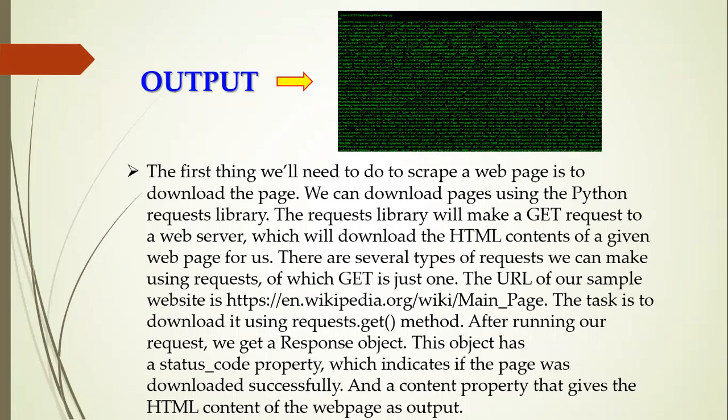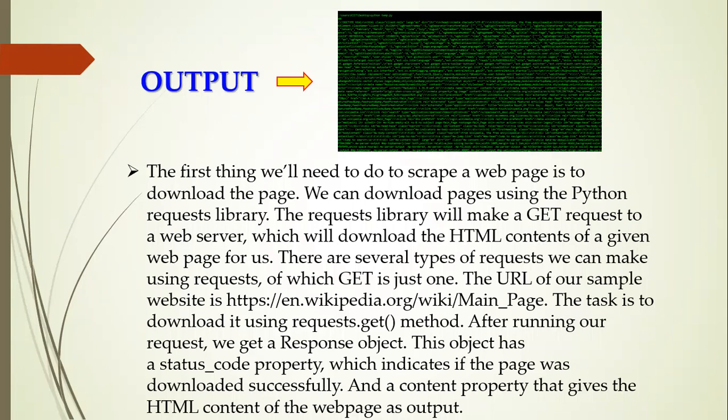There are several types of requests we can make using requests, of which GET is just one. The URL of our sample website is https://en.wikipedia.org/wiki/Main_Page. The task is to download it using the requests.get method.